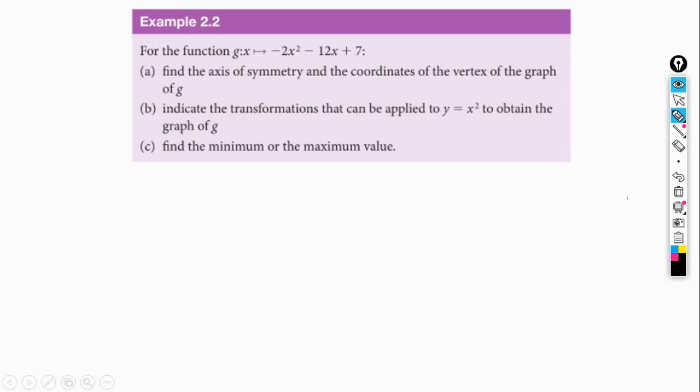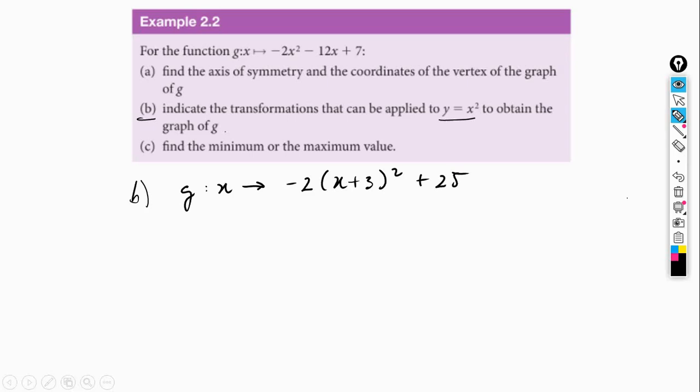So now for part B, they want us to indicate the transformations that can be applied to y equals x squared to obtain the graph of G. So remember that we said that G is such that x maps into the function minus 2 times x plus 3 squared plus 25.